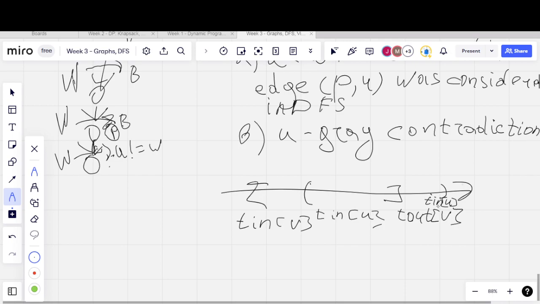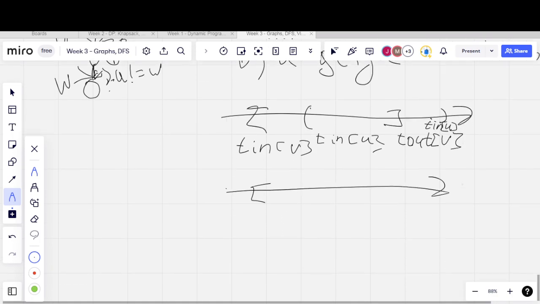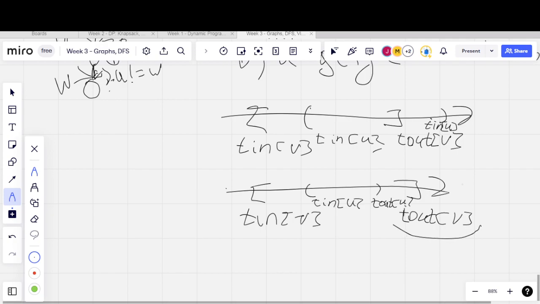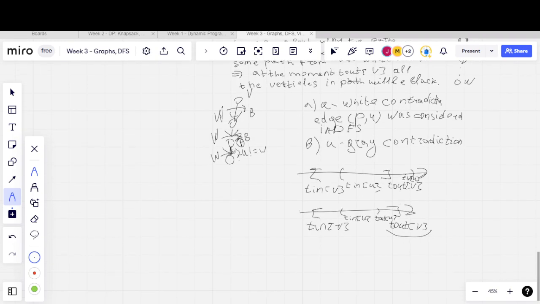That's not true. That's a contradiction, because if you have recursion, we must get out from the inner recursion first, and then from the outer recursion. Okay.